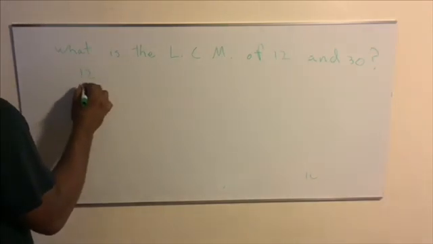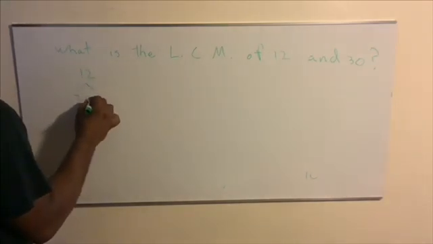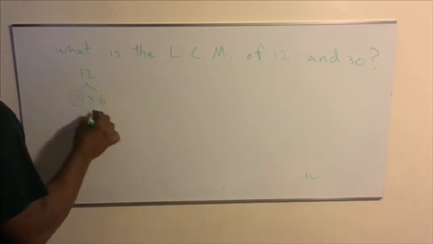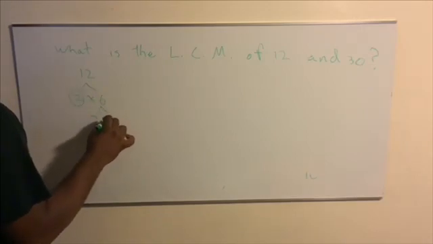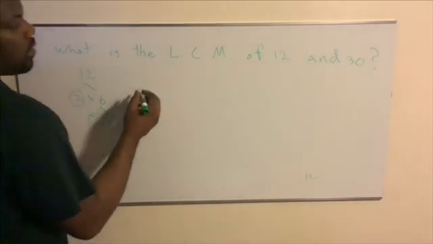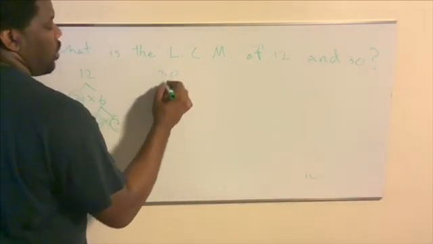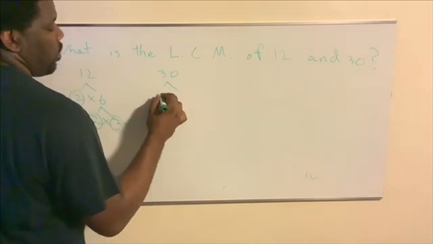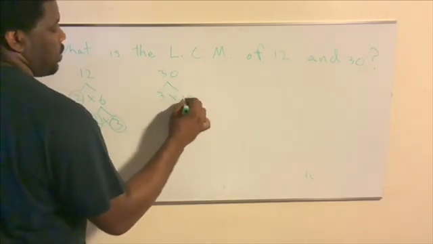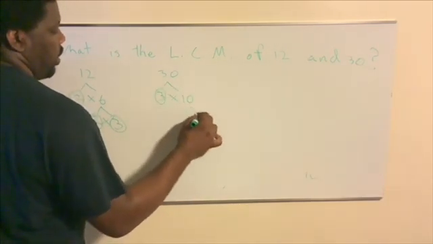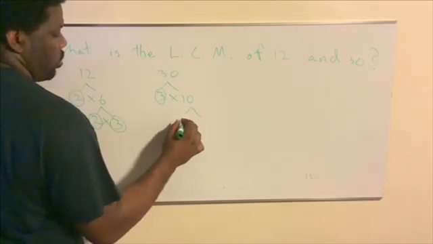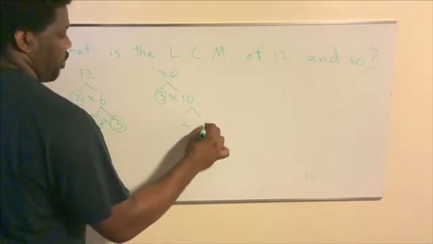Now 12, we have 2 times 6, and then 2 times 3. 30, we have 3 times 10, and 2 times 5.